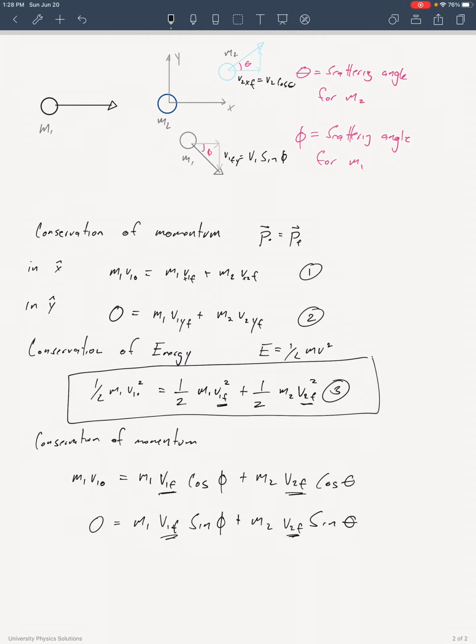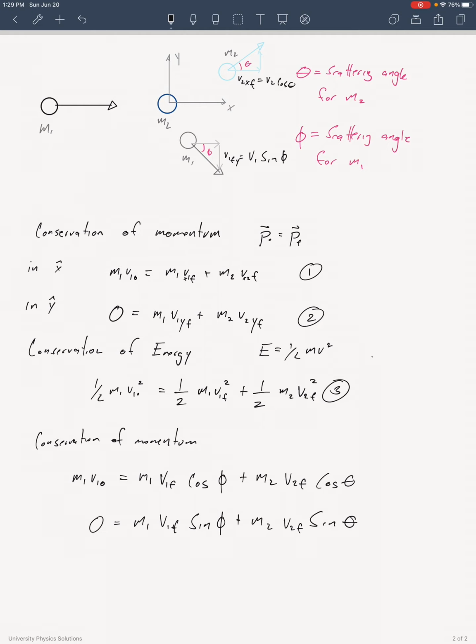I don't have all the ones that I had before, which were v2x final, v2y final, etc. Right? So I reduced my number of variables because I was able to put in the sines and the cosines from the scattering angles. And so I will have to combine my energy and momentum equation to find my solutions.